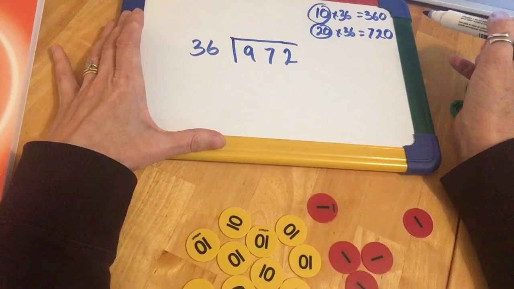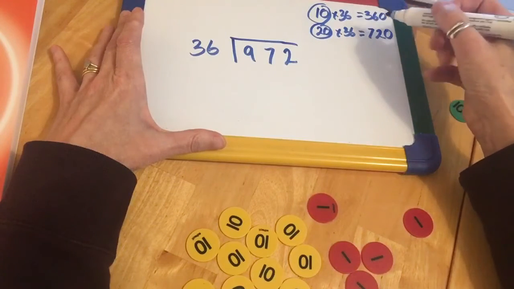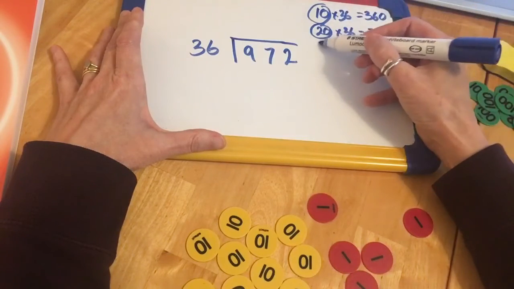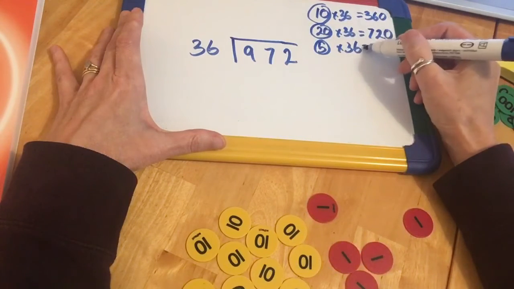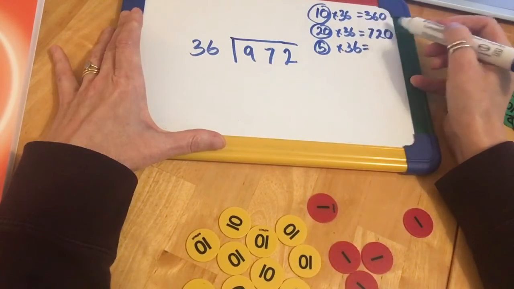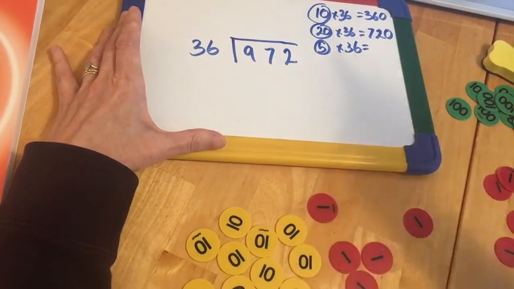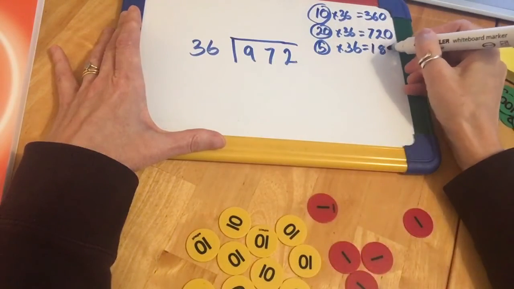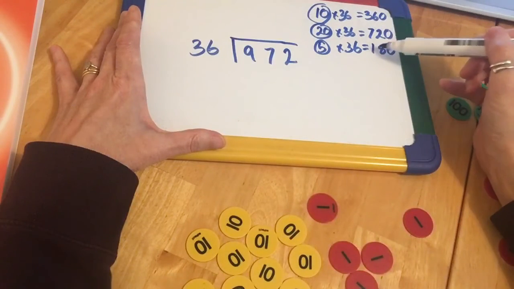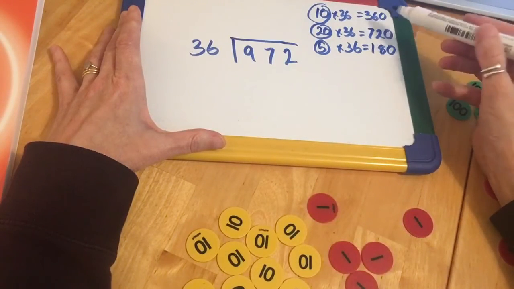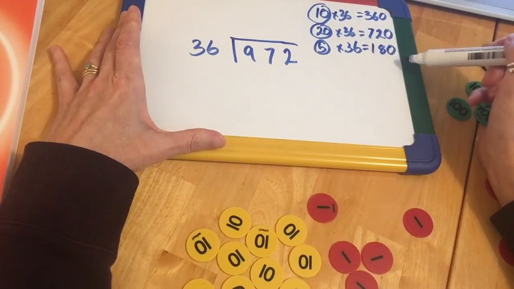So I know that, for instance, 5 lots of 36 is going to be half of that. So half of 360 is 180. And this is where great mental arithmetic comes in. So 720 plus 180 is going to be 900.